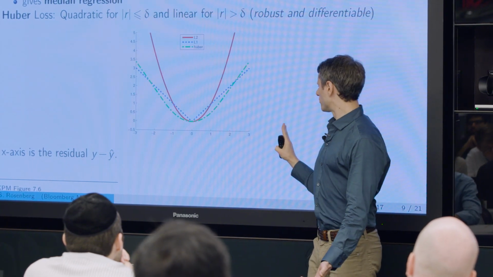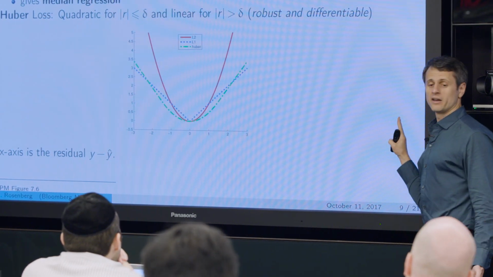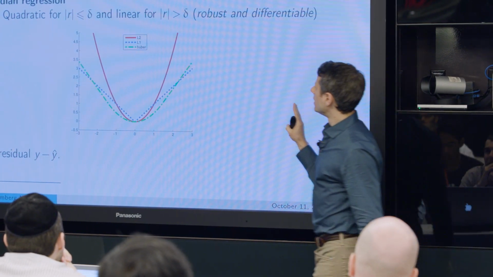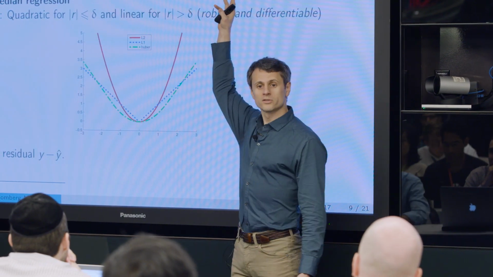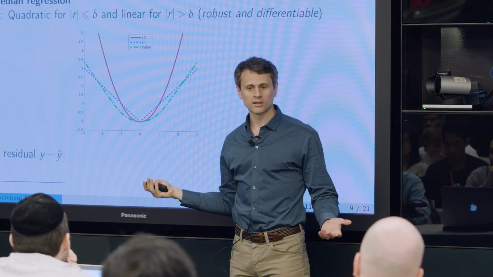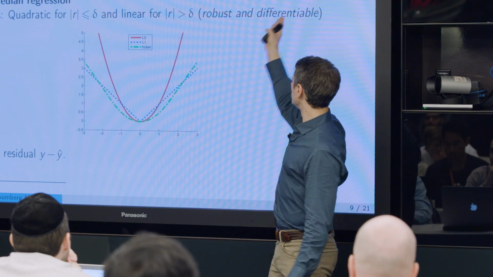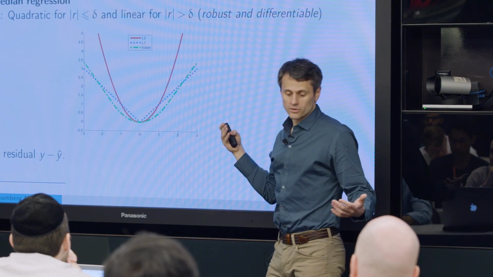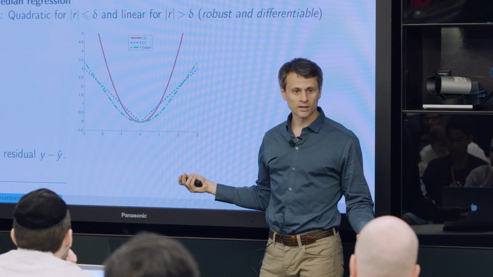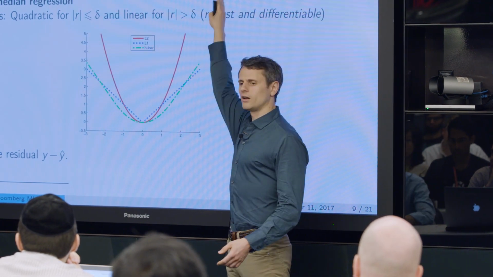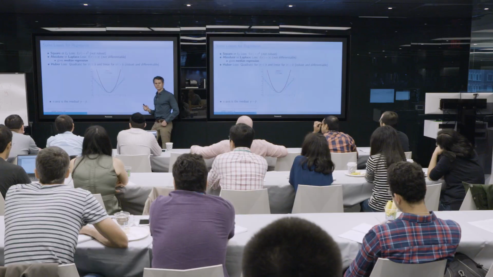And as we get further away from 0, so way out here, we have kind of really bad residuals, maybe from an outlier or something. And this L2 loss will be really large. That's what makes it not very robust to outliers. Whereas this L1 and Huber loss, they just increase linearly. And so it's not that it'll completely ignore outliers, but the effect of the outliers will be much less than if we use this square loss. Is that clear? OK.